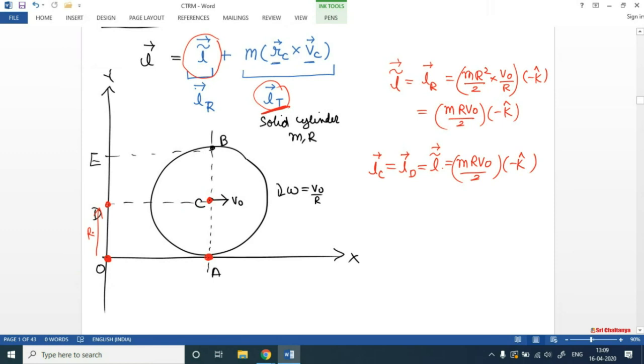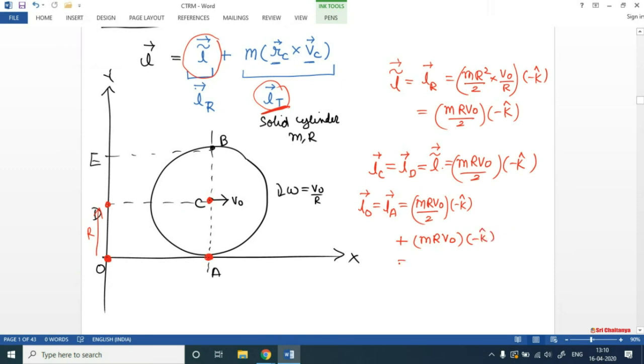So the angular momentum about point O or about point A are going to be same, and that is going to be L tilde, which is already mr v naught by 2 minus k cap, plus the another component, whose magnitude is simply m r perpendicular, which is r, into v naught, and its direction is also inward, so that is going to be minus k cap over here.